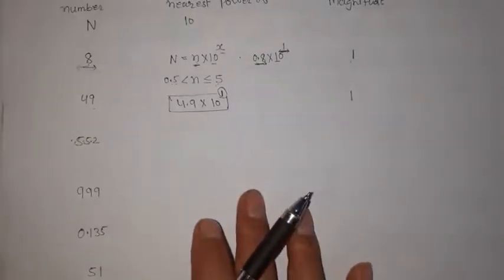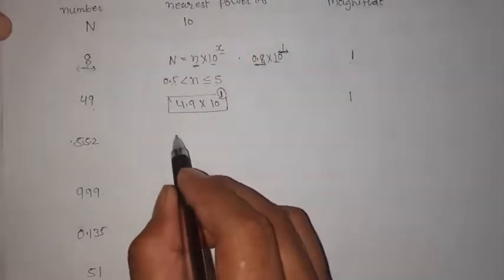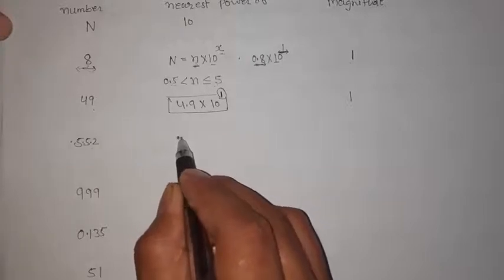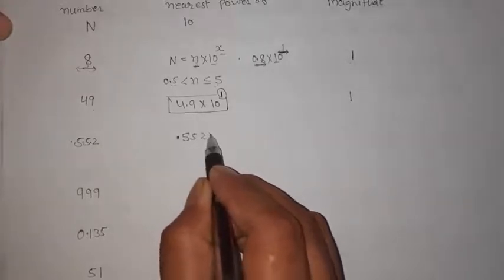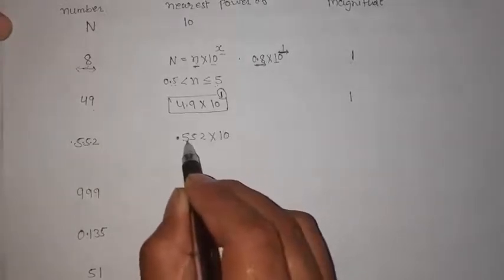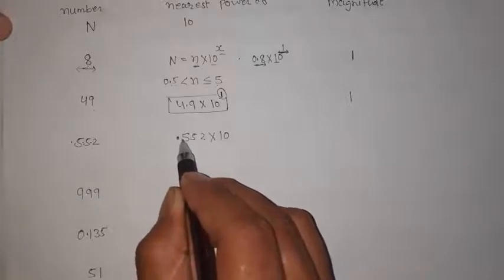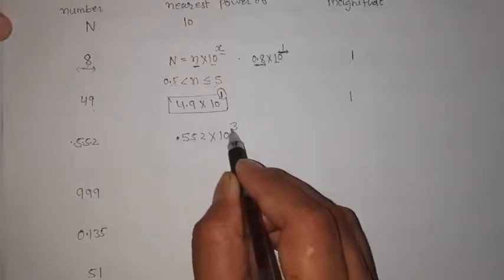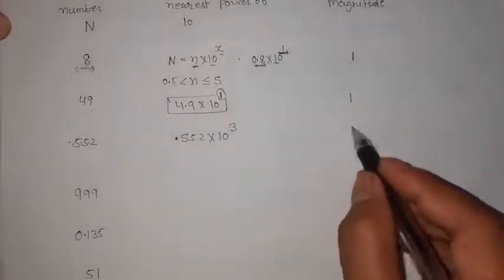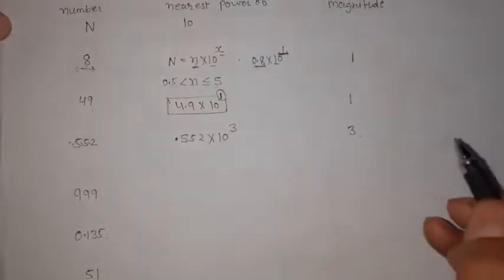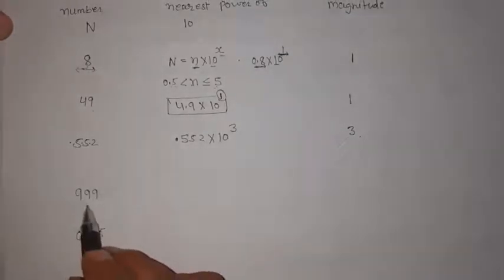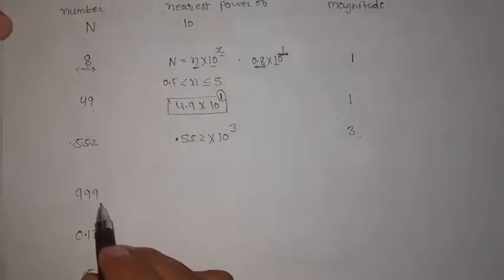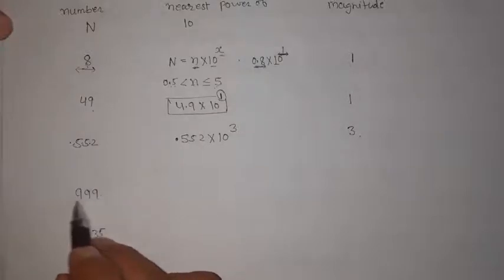So thus we have here 0.552 into 10 to the power. Now how many digits after the decimal? 1, 2, 3. So put it over here, 3. How much is the order of magnitude then? It is 3. Similarly over here, what will you say? So there it is 999.